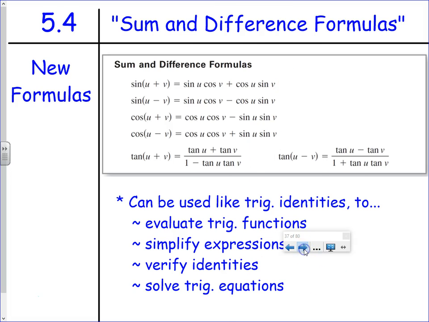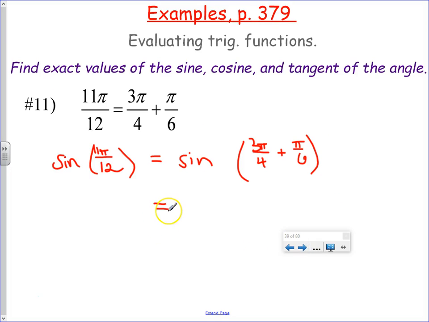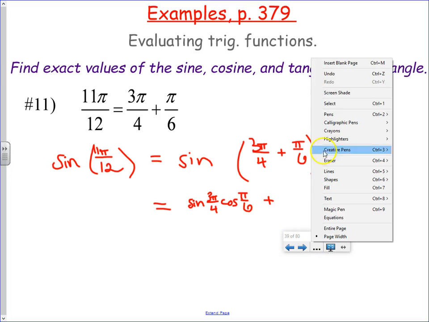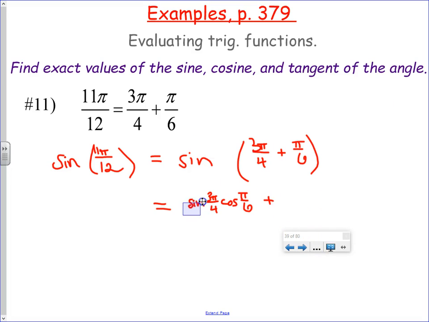So, sine, not with or together, right? We have to do sine of one of them, cosine of the other. What happens with sine in the sum and difference formula? Good, it stays the same. Then we're going to go ahead and switch it up.